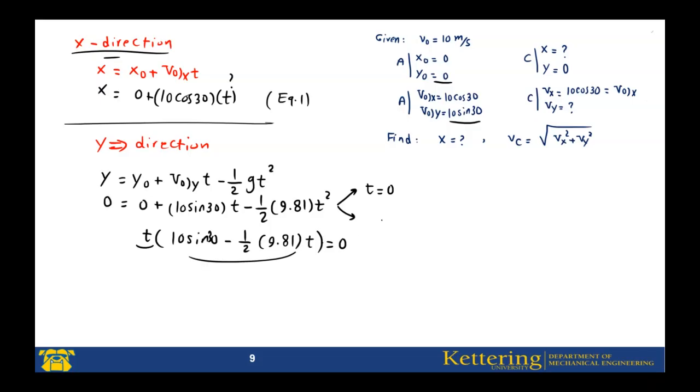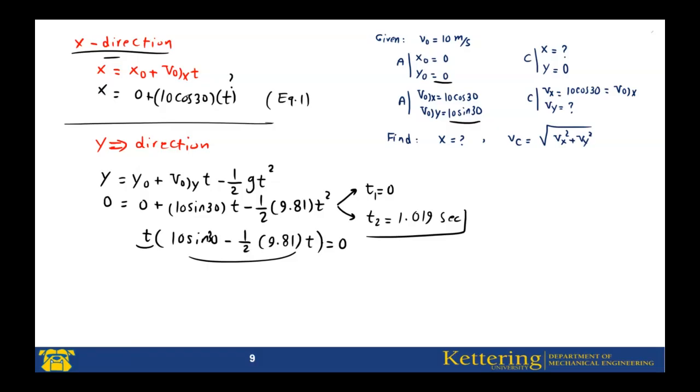Now, if you solve this, you can find the second time. It's 1.019 seconds. This is the time that shows how long it takes the ball to reach or hit the ground. Now we have time.